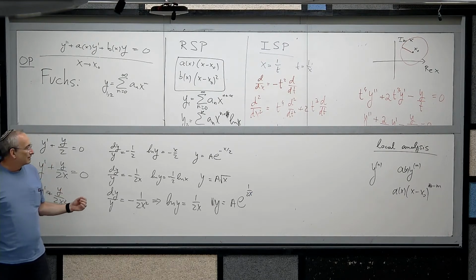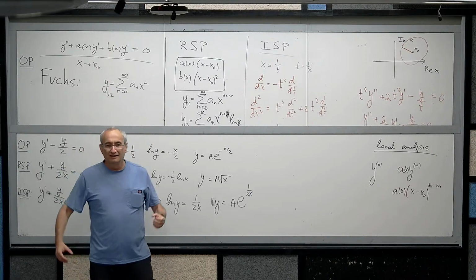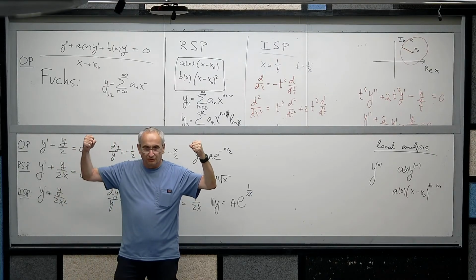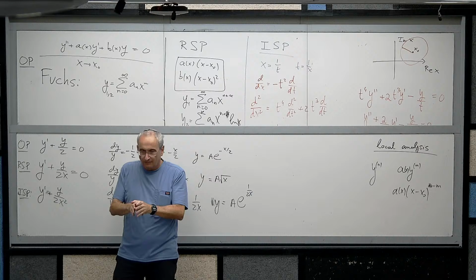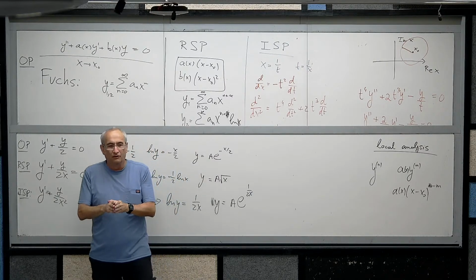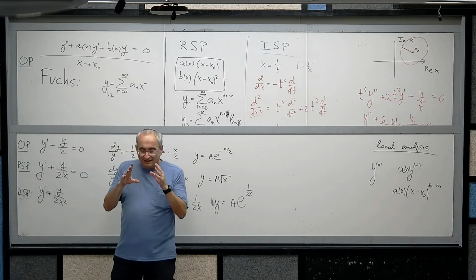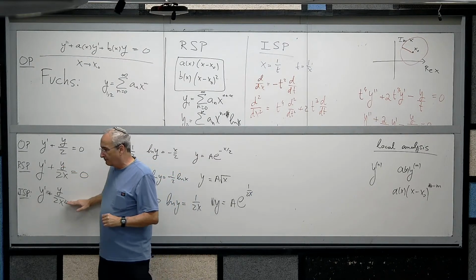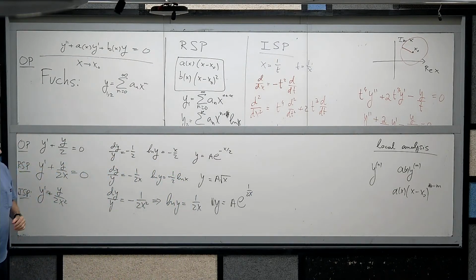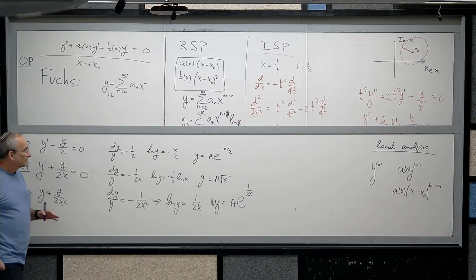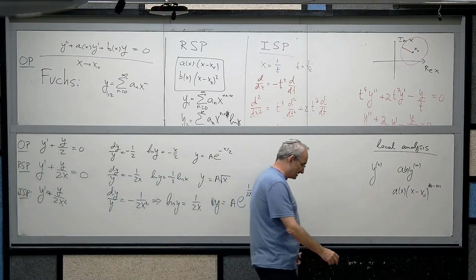Now we will see that the local analysis around irregular singular points, so this is what we are going to focus on from now on, is the analysis of differential equations close to irregular singular points. Are you with me? Again, I hope that the calculations are not hiding the message.